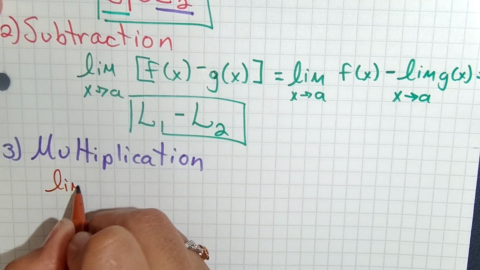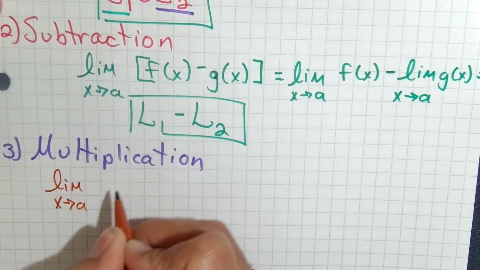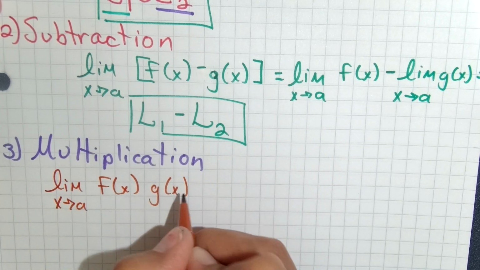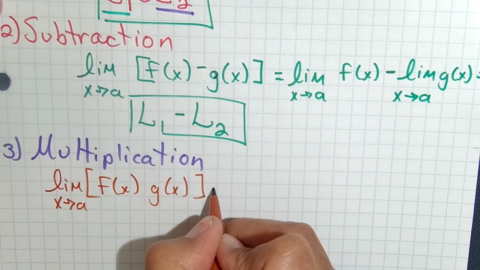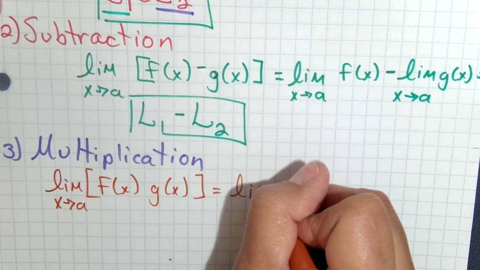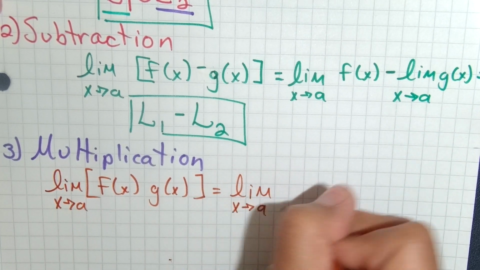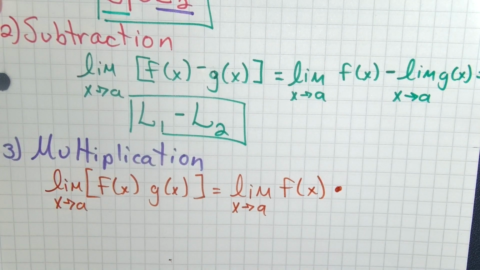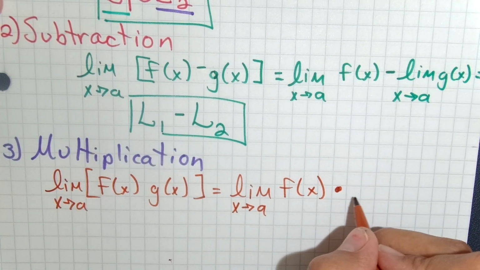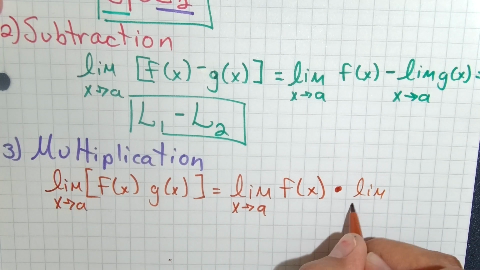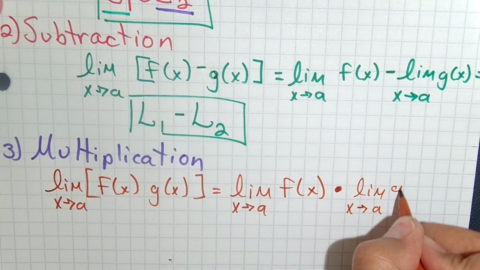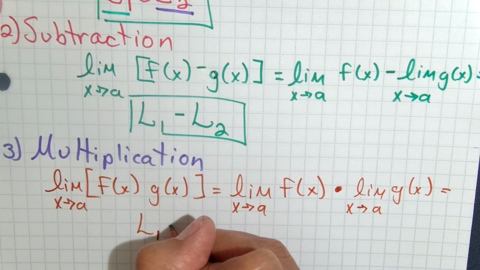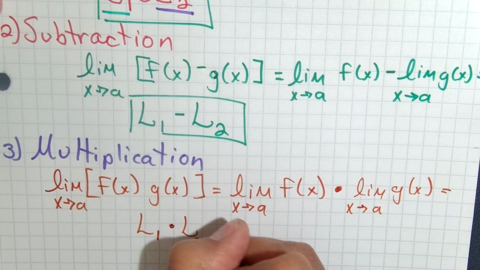So we have the limit as x approaches a of f of x times g of x is equal to the limit as x approaches a of f of x. I'm going to use the little dot for times. G of x, which is equal to the limit 1 times the limit 2.